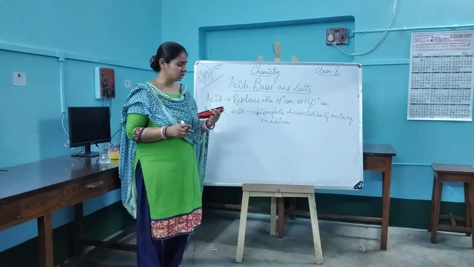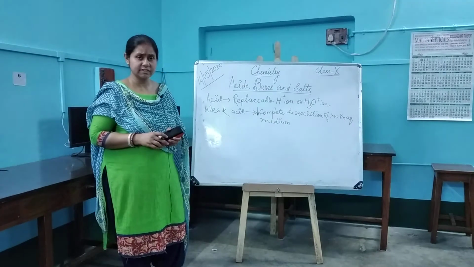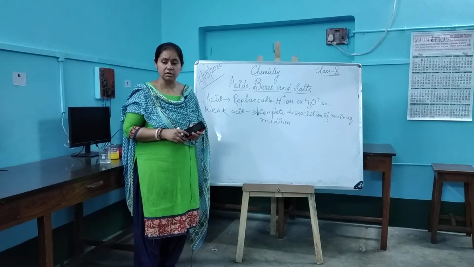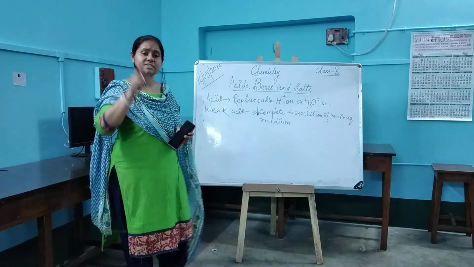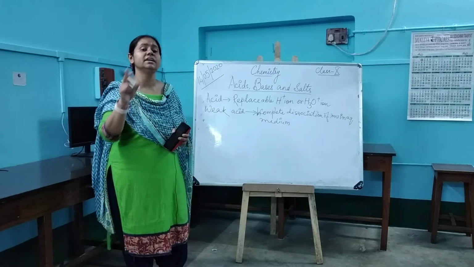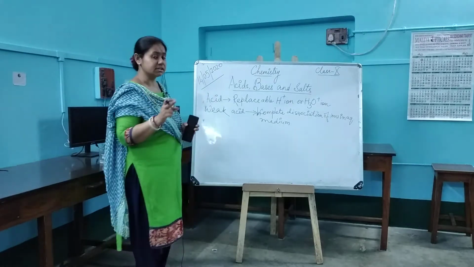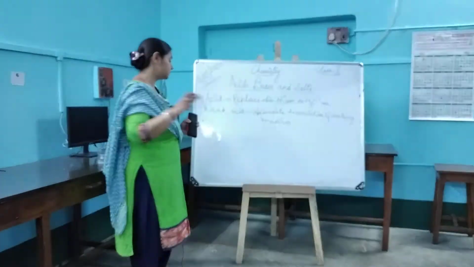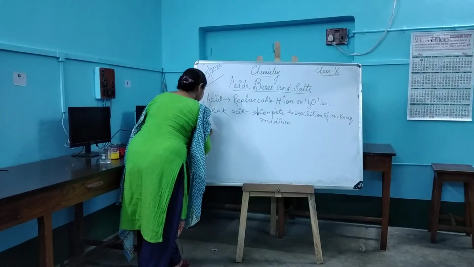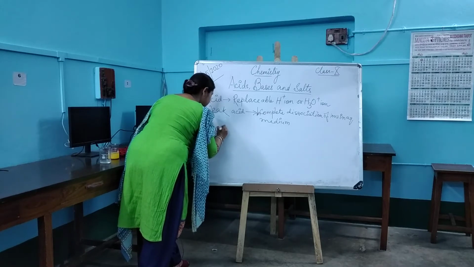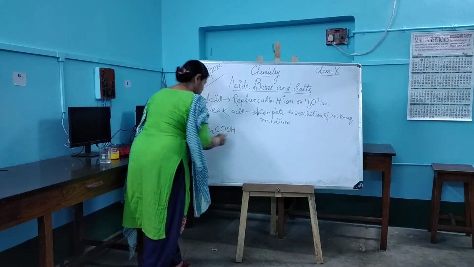You might have heard the name of vinegar, I suppose. Vinegar contains an acid which is called acetic acid. Now, if you look carefully at the formula for acetic acid, CH3COOH.